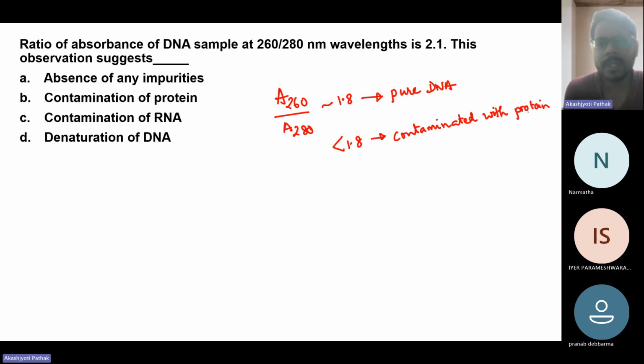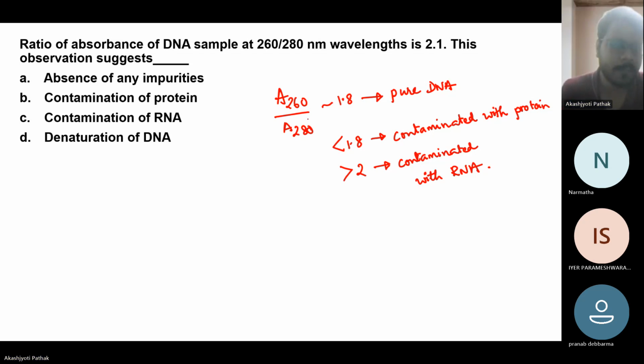And if it is greater than 2, then we say that my sample is contaminated with RNA, right? So here the 260 by 280 ratio is 2.1. What does this observation suggest? It suggests that my DNA sample might be contaminated with RNA. Okay, so the answer is option C.